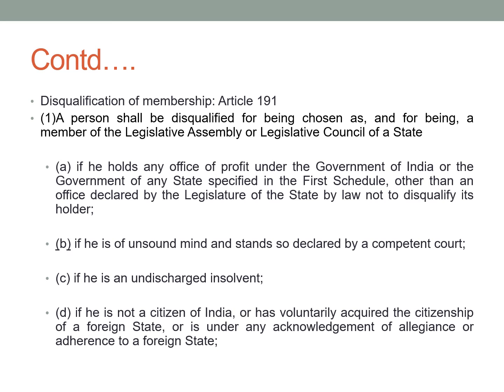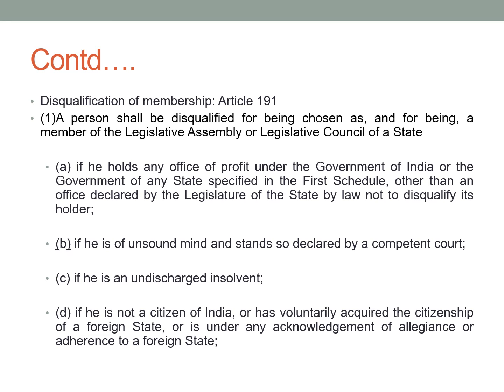Second point is if he is of unsound mind and stands so declared by a competent court. Third point is if he is an undischarged insolvent, that means if he is not able to pay his debt.